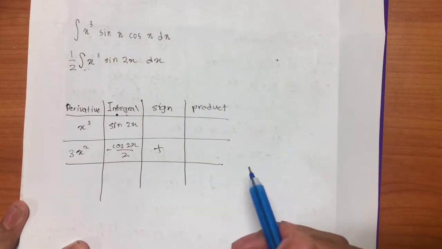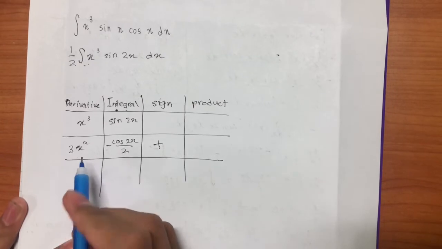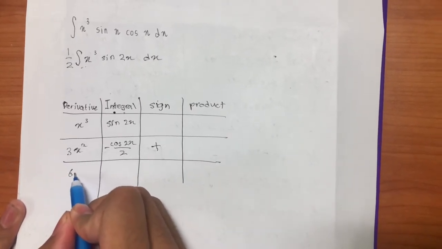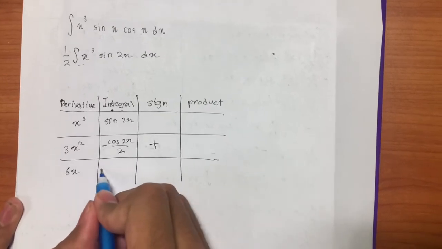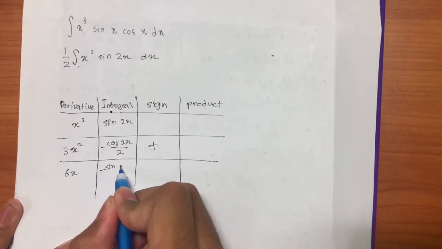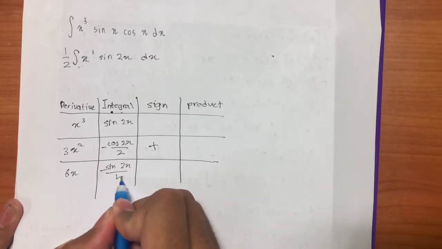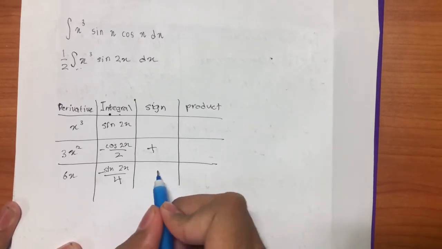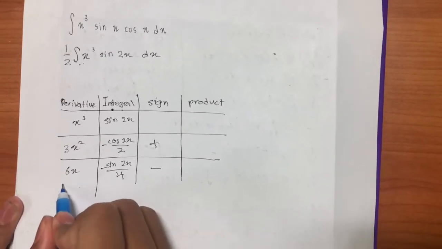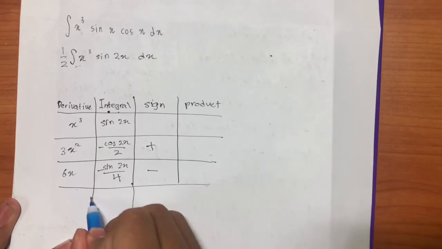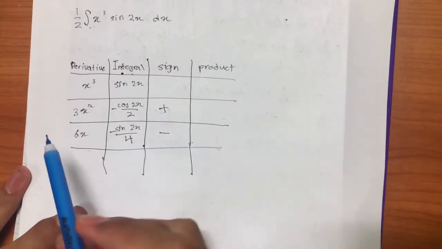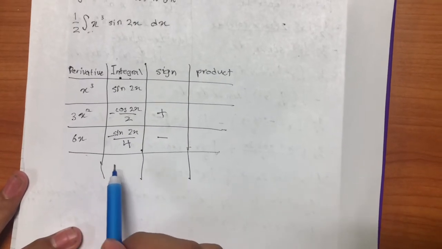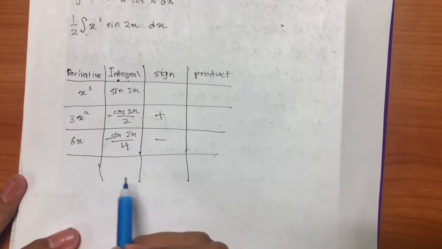So for the second derivative, it becomes 6x, and this will become negative sin 2x over 4. And for the sign, we put negative sign. And again, this derivative, we will make it until it becomes 0.